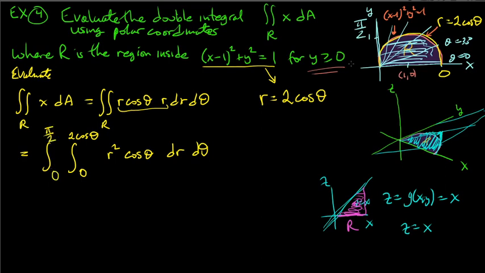That when your disk does not contain the origin, when it's only on the boundary of the disk, right? You get this situation where this half of the disk is only covered from 0 to pi over 2, not 0 to pi, right? Yeah, we talked about this earlier.